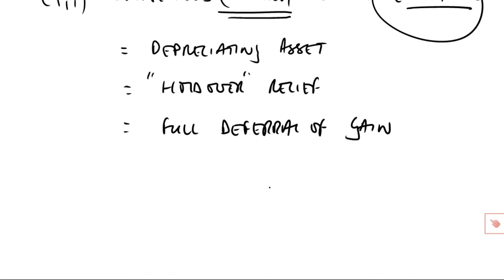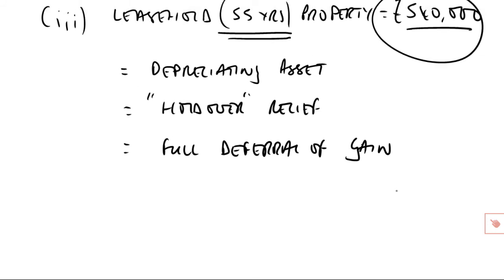So the full gain is now able to be deferred. If again we had bought for less than 500,000, the same logic would apply as a moment ago: to the extent that we'd failed to reinvest the proceeds, any amount of monies taken out on the deal, that part of the gain would remain chargeable. But here we've reinvested it all, so full deferral.